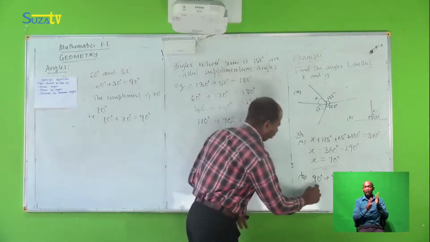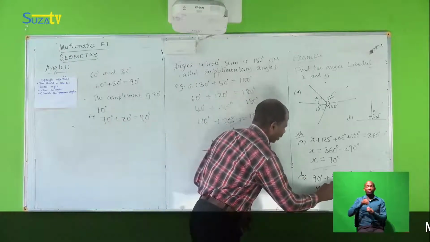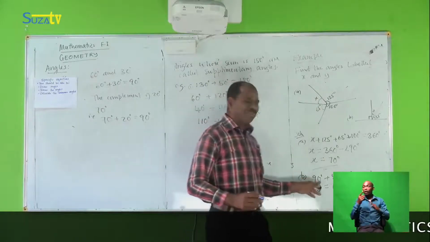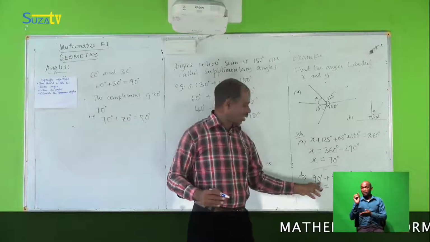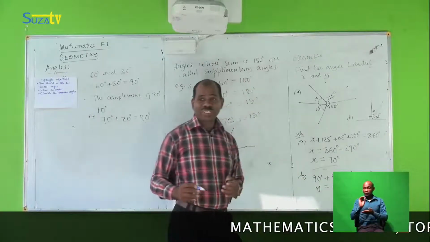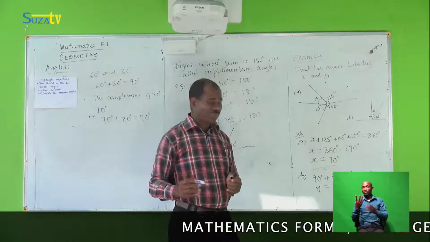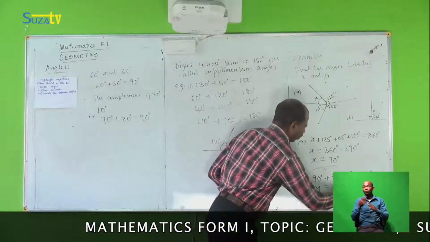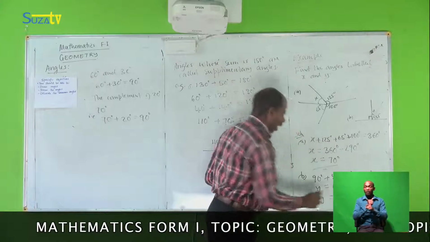Then the value of y is obtained by subtracting 180 degrees minus the sum of 90 plus 35, which is 125. So 180 minus 125. So tell me the value of y.